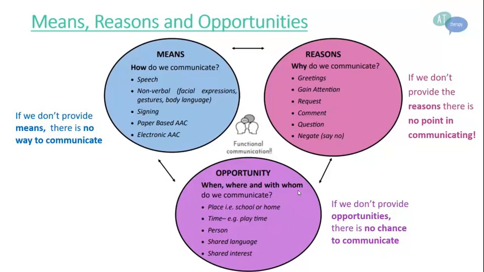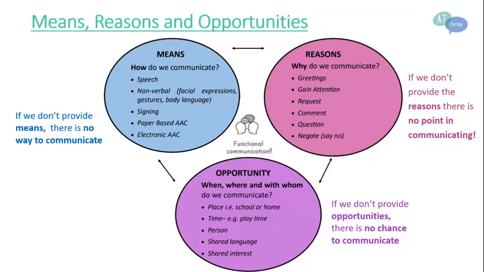And then the last one that's important to consider is the opportunity. So we're thinking here about the when, the where, and the with whom. So the place of communicating, so is that in the community, is it at school, is it at home? The time, are we thinking about all the different times of communicating within lessons, outside of lessons, bath time, playtime, bedtime, and who we're communicating with.